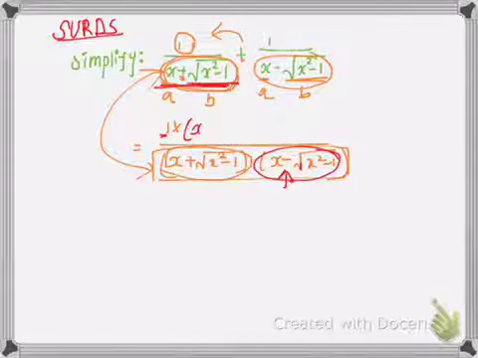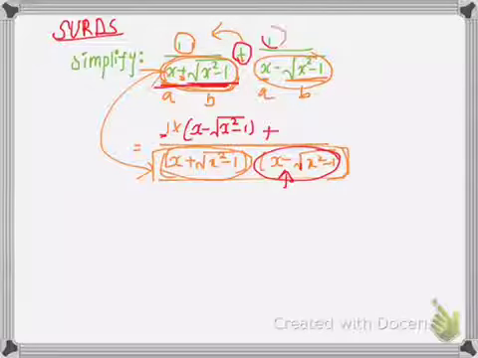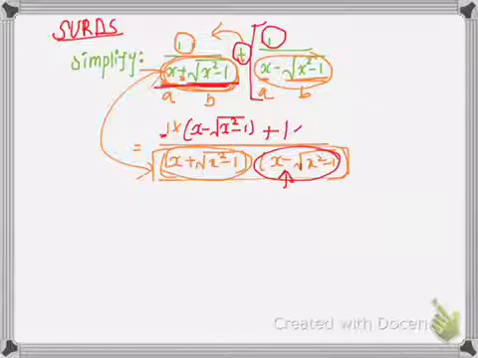So 1 times x minus root x squared minus 1, and I'm going to write this positive sign over here, and once again I'm going to write the numerator present in this expression after the positive sign. So 1 times, and I'm going to multiply the denominator which is not present in this expression.